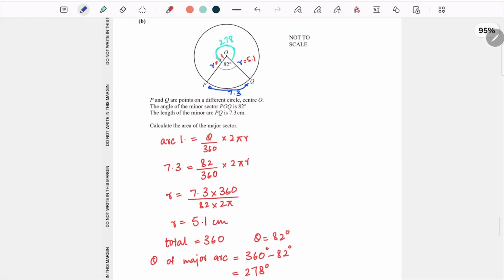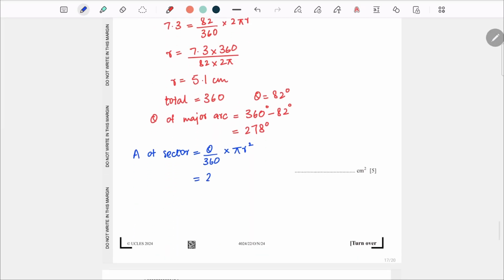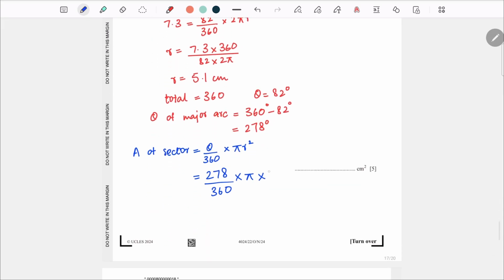And because we have to find the area of the major sector, we are taking the major angle that is 278, and the radius is 5.1, so 5.1 whole squared. And when I put this in the calculator, I'm getting the answer 63.1. So my final answer will be 63.1 centimeters squared.